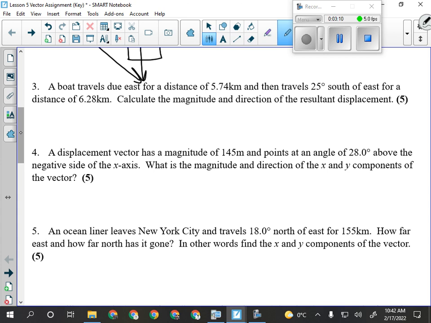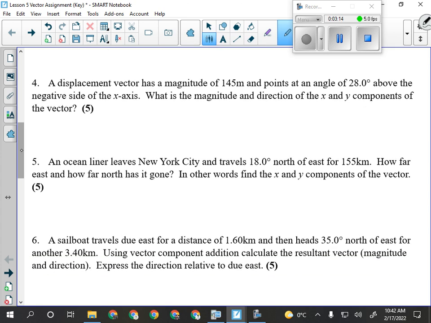Number 4, this one is just asking you to calculate the x and y components. Be careful here. The mistake people make on this is to give me the wrong vectors. They have all the right numbers, but they put the wrong vectors on those numbers. This question is talking about a vector that is pointed above the negative x-axis.